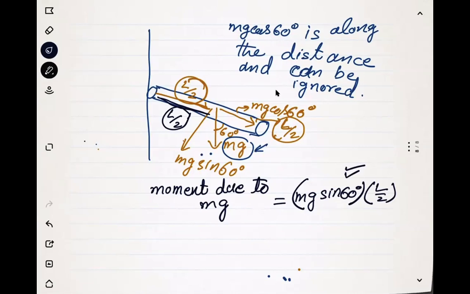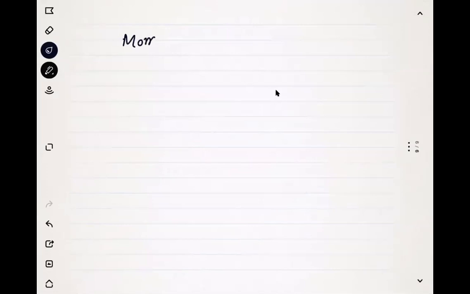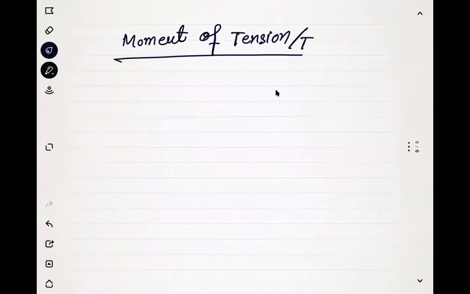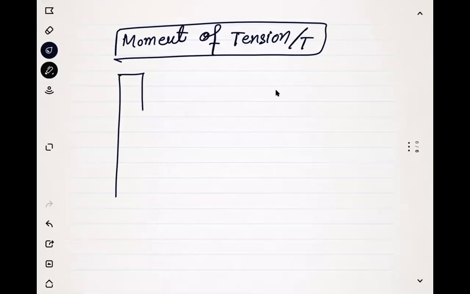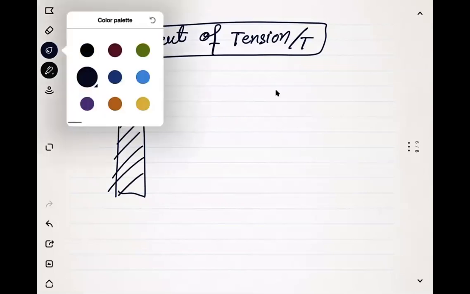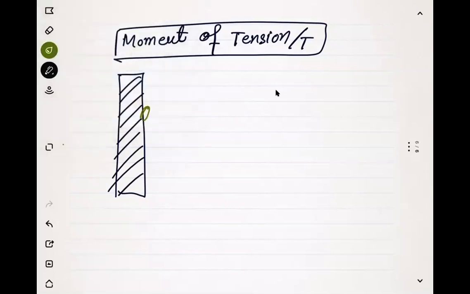Now the other force that is acting is tension. The moment of tension, represented as T. For that, you have to resolve the tension. If we resolve the tension, what will it become? This is the wall, and if the tension is resolved, the values of angles are given, so it would be an easier question.